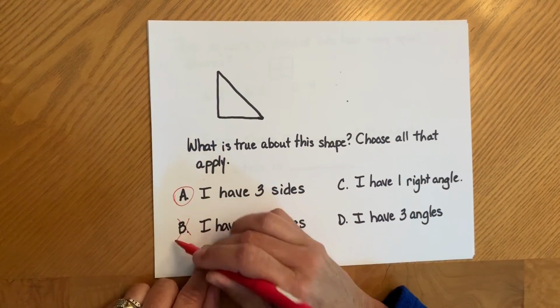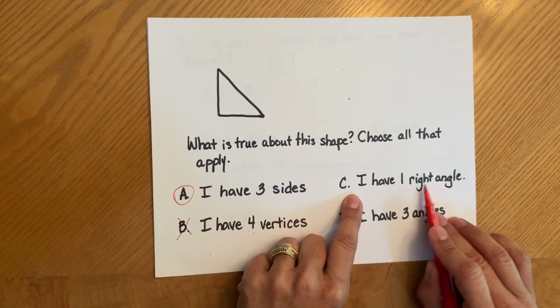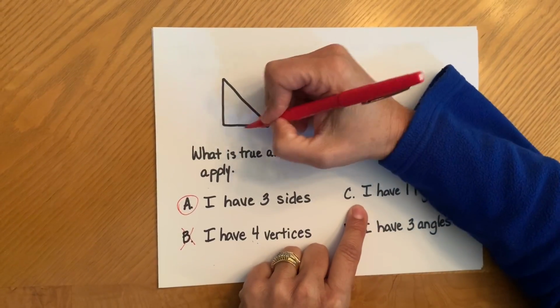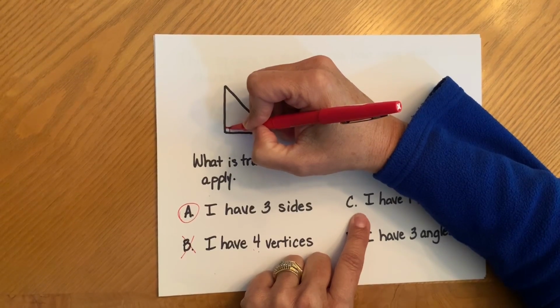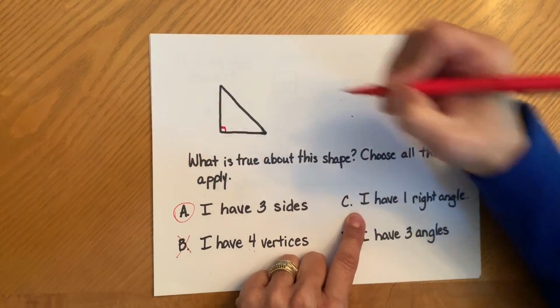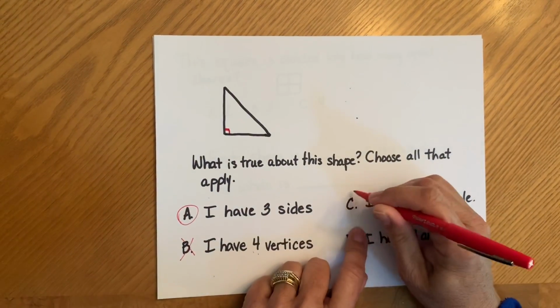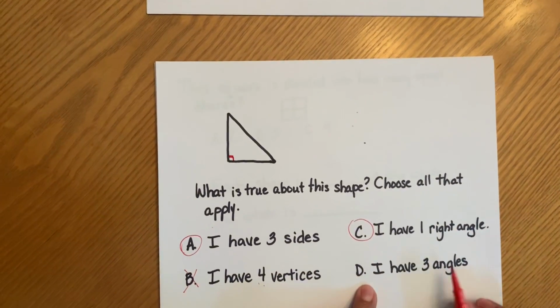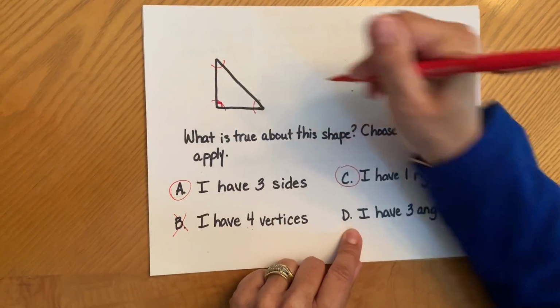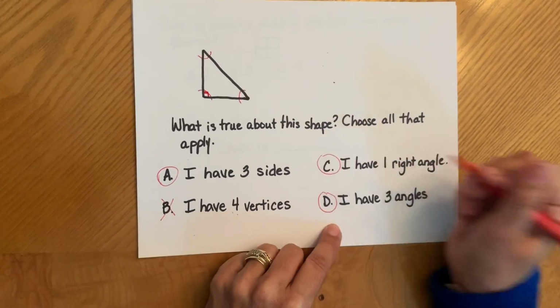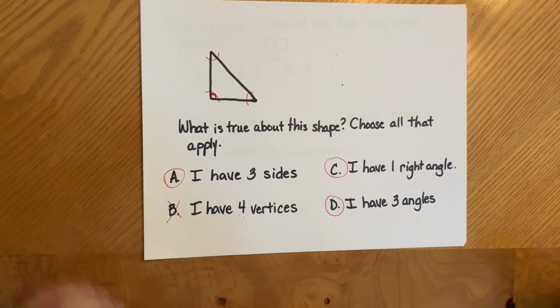No. I have 1 right angle. And remember, a right angle is like 2 straight lines that come together. That makes this part a right angle. Yes. I have 3 angles. 1, 2, 3. Yes.